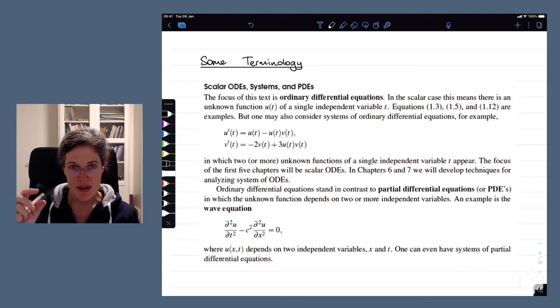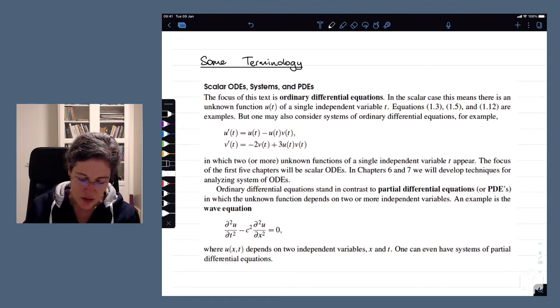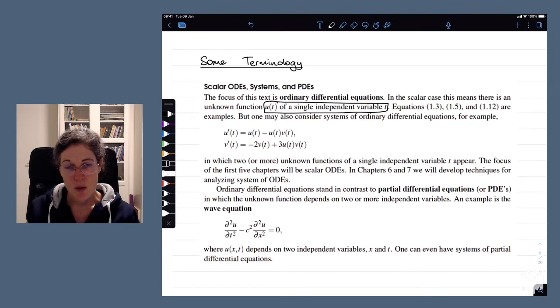Well, it's distinct from partial differential equations. An ordinary differential equation is an equation, so something equals something else, in which we have a function of a single independent variable, t. And the equation includes derivatives of that function.